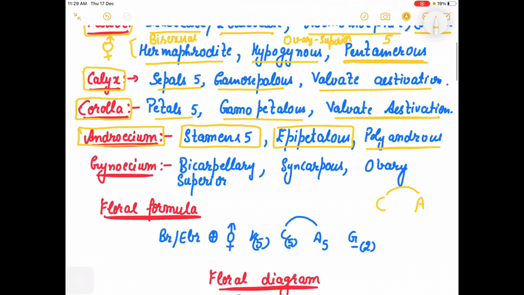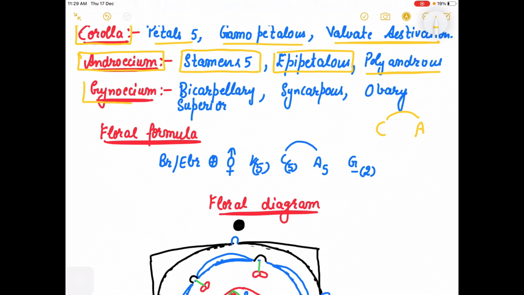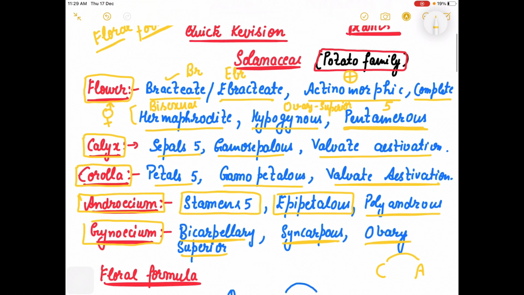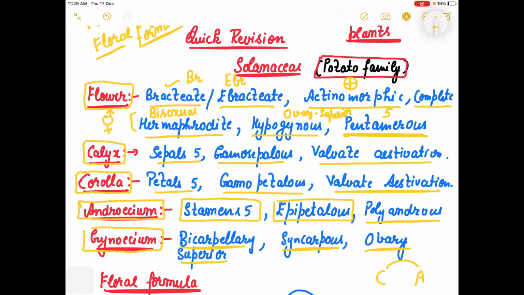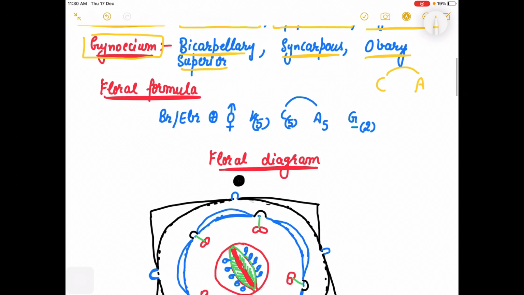Now gynoecium is bicarpellary, 2 carpels, fused, syncarpous, and because the flower is hypogynous, the ovary is superior. So I think every single term we have discussed in our previous lectures. If you have not watched a single lecture, then first you have to go through those lectures, otherwise this lecture will not be useful for you.